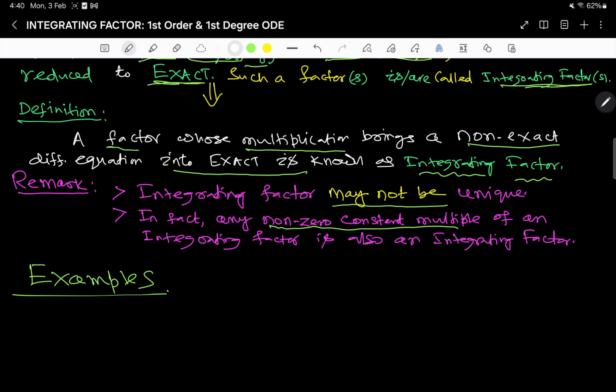Suppose I have a differential equation x dy plus y dx is equal to 0, right? And it is an exact one because d of xy is equal to 0. It is exact.